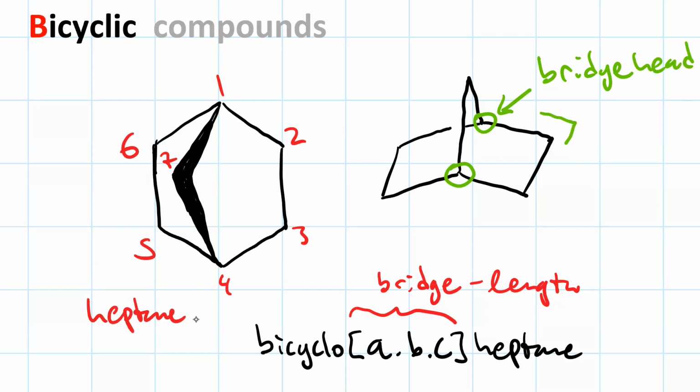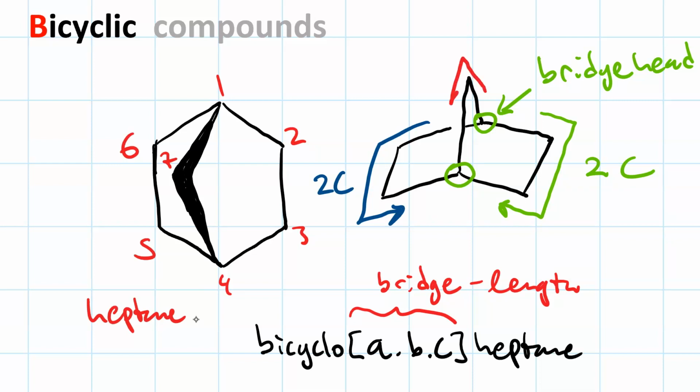If we go right, we have to go through 2 carbons to get from one bridgehead to the next. If we go left, we have to go through 2 carbons to get from one bridgehead to the next. And if we go up, we only have to go through 1 carbon to get from one bridgehead to the next.